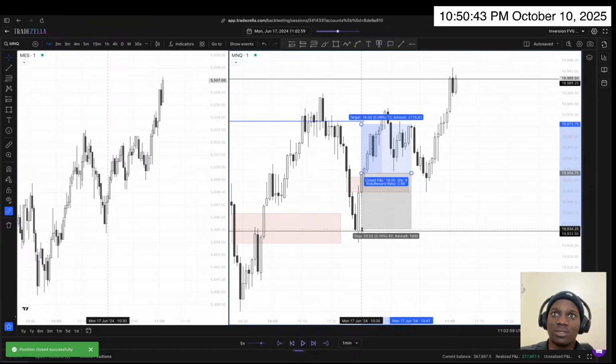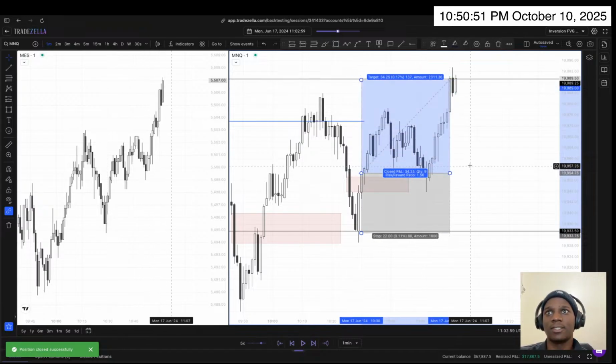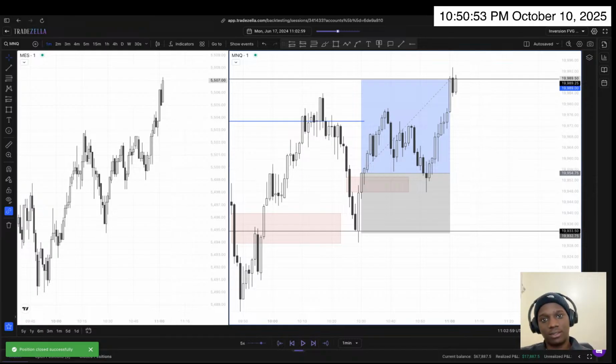Stop, take profit right there, giving me around a 1.5 R trade. That would have been a better entry, even though it could potentially have hit break even.